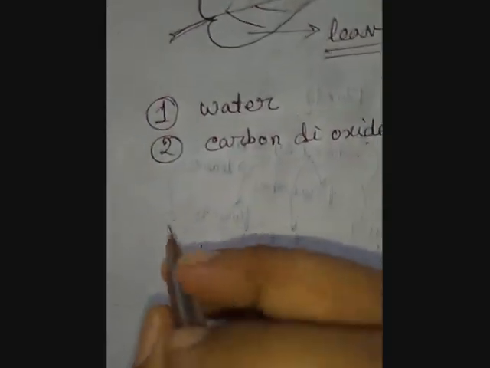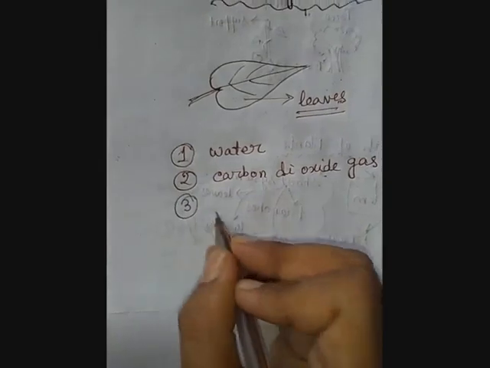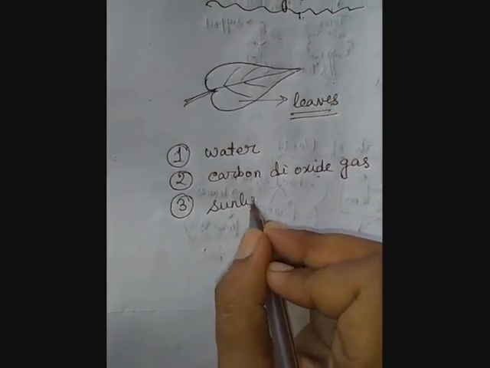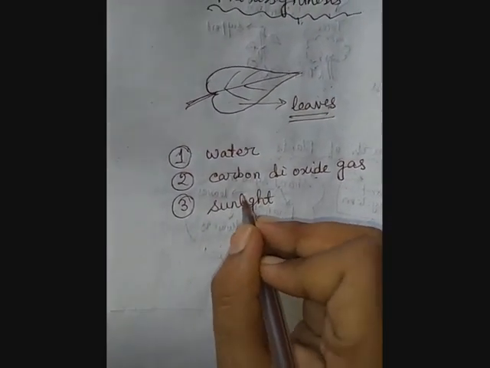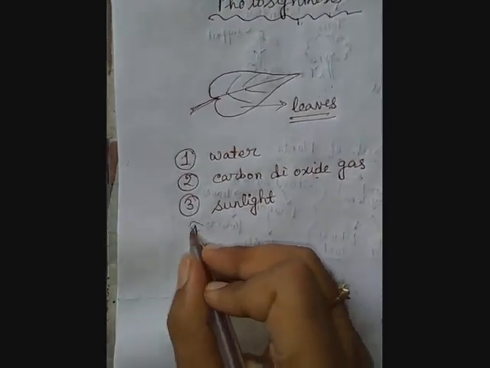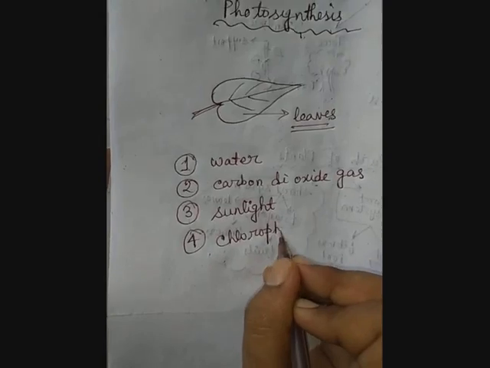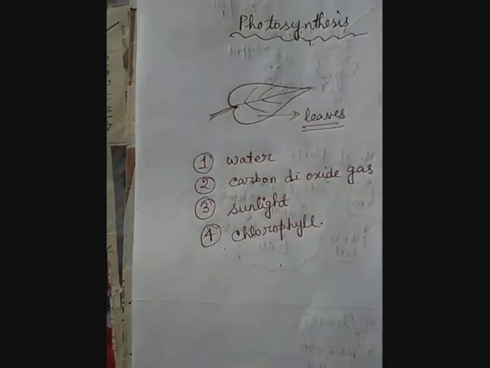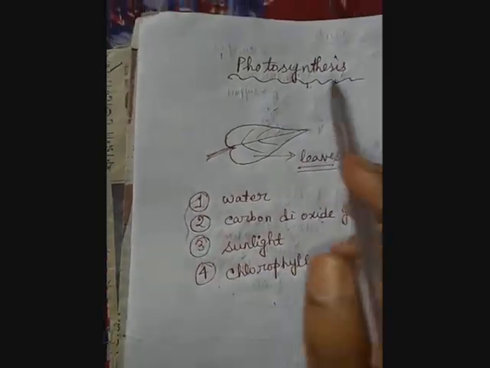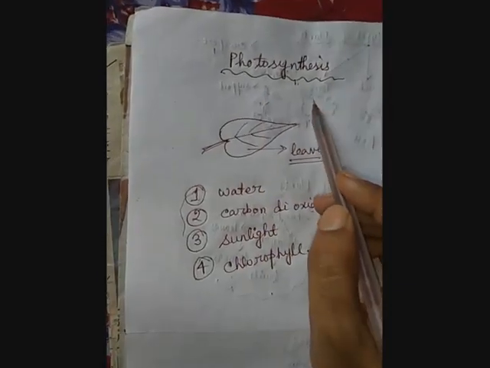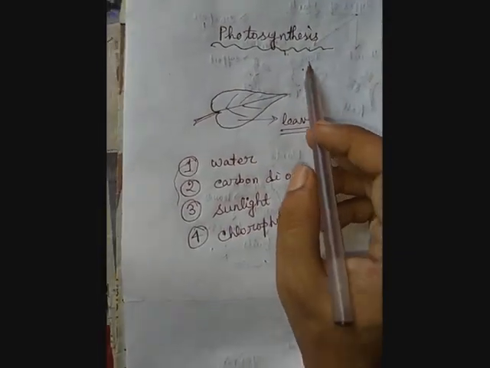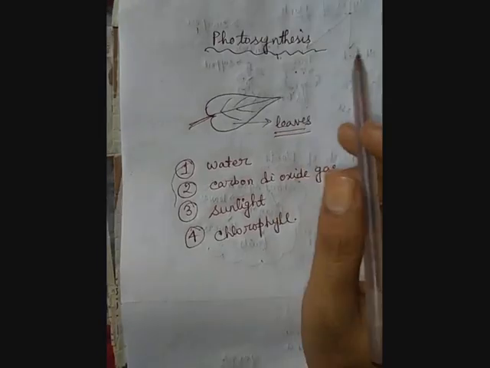Number three is sunlight. Number four is chlorophyll. So these are the materials required for photosynthesis, the process by which green plants make their own food in the leaves.